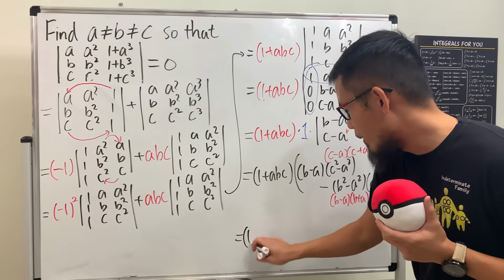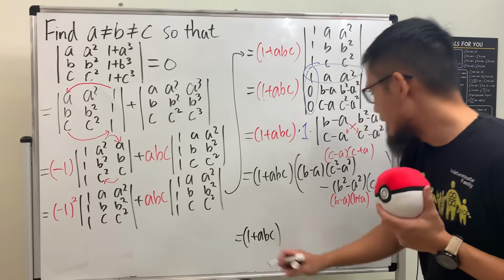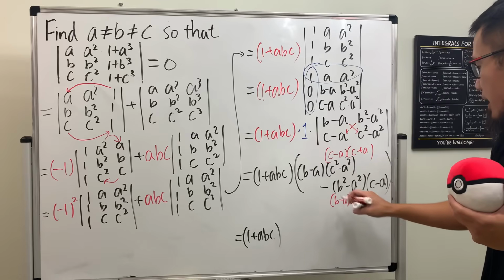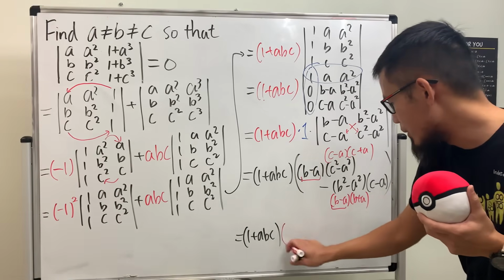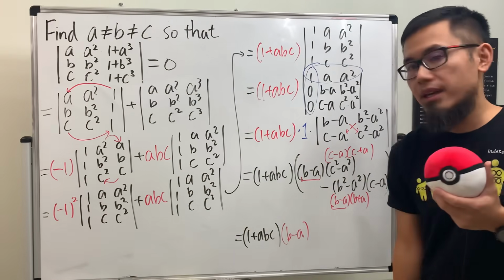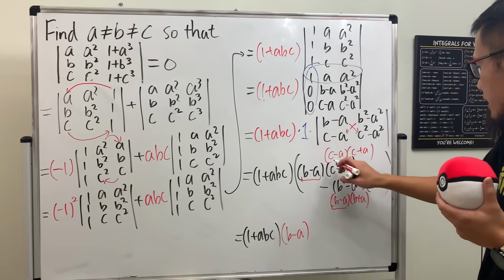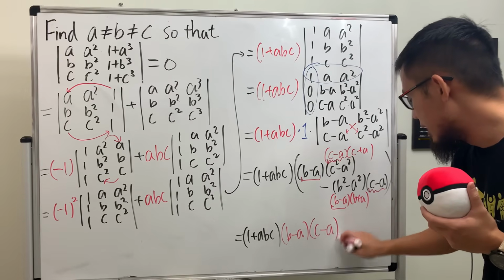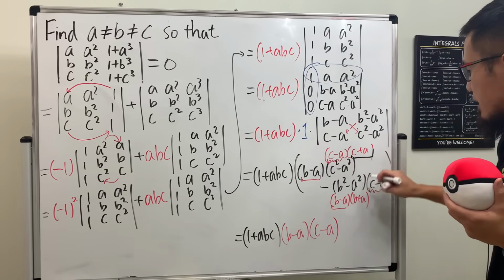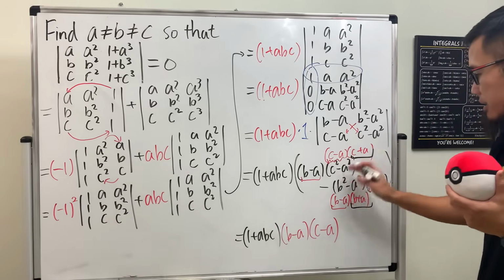All in all, we have 1 plus ABC, and then from here we can factor out b minus a, so that's nice. So we have the b minus a, and then we have c minus a, so go ahead and do that. And lastly, we have this minus that inside of the parentheses.